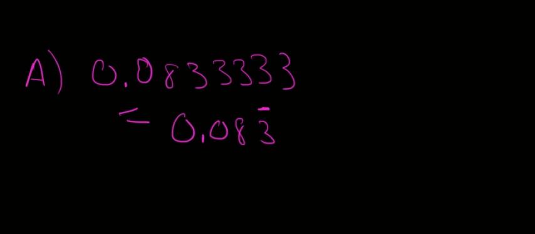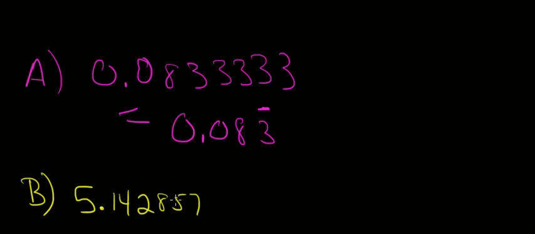The next one, let me get a color that's easier to see. I think the yellow would be easier. This is a long one. Wow, I got to write this down here. B, it's asking for 5.14 2857 2857 1428 142857 14.